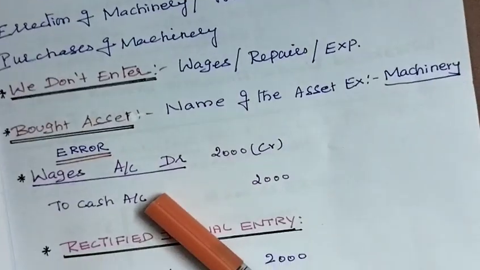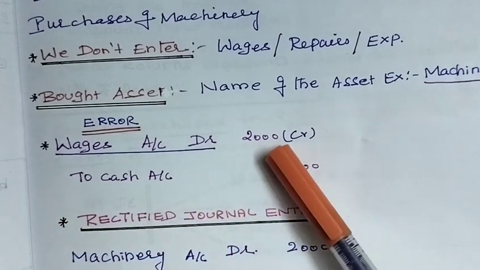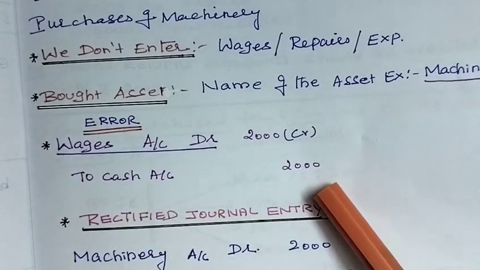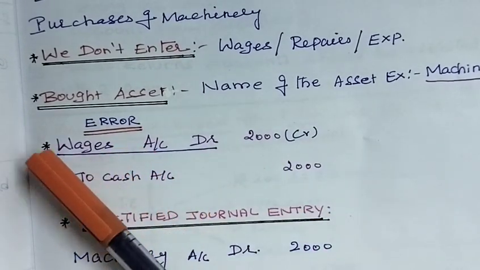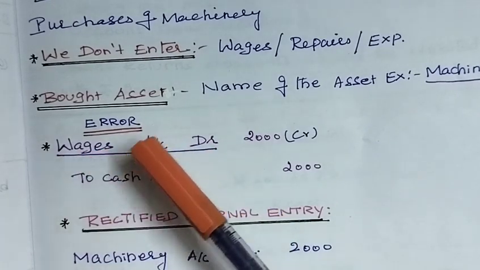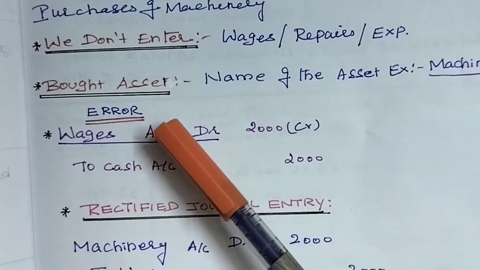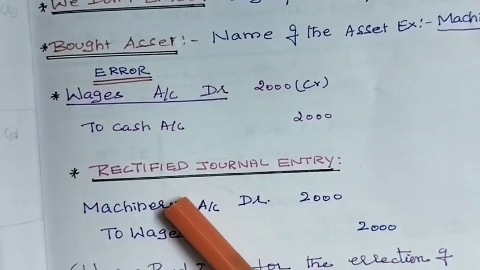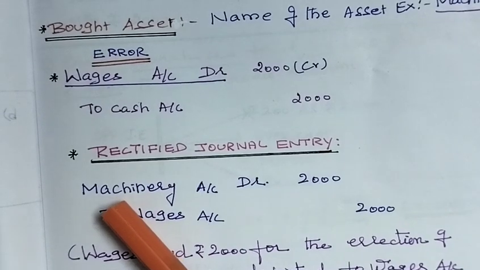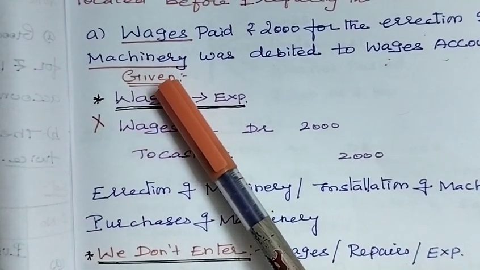So listen, what is the error? Wages account debit 2000 rupees to cash account 2000 rupees. Which is the error? Wages account debit is the error. Wages account is not to be debited. So how do we rectify it? We have to write the asset name. What is the name of the asset? Machinery.